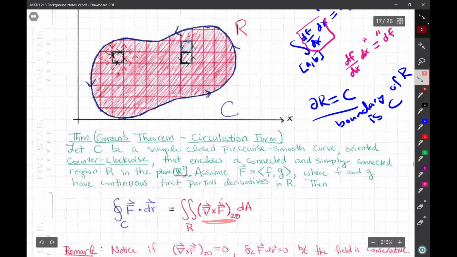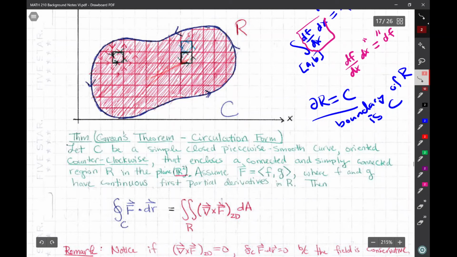You could look at the curl in the bulk, the region, or you could trade that for an operation at the boundary, the circulation, okay? So here goes yet another statement that could be summarized as trading a derivative in the bulk, R, for an operation at the boundary.